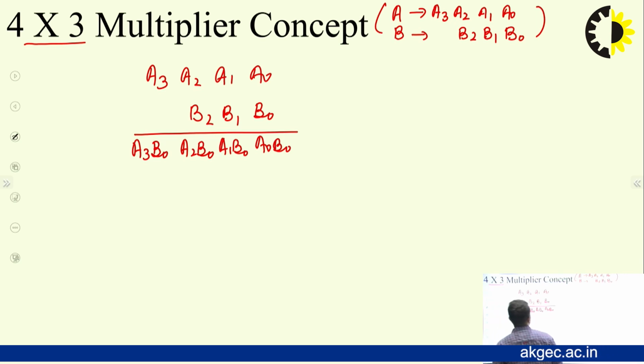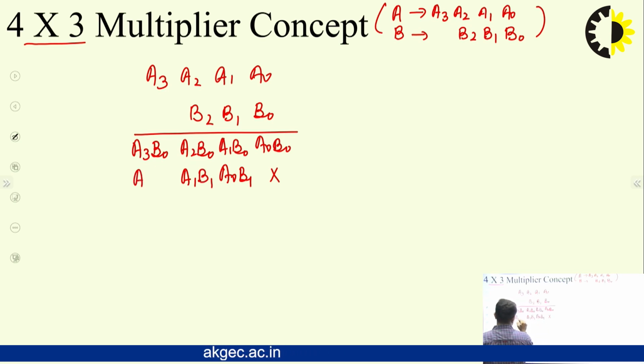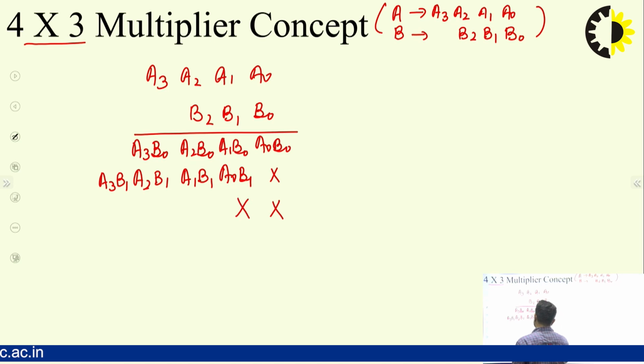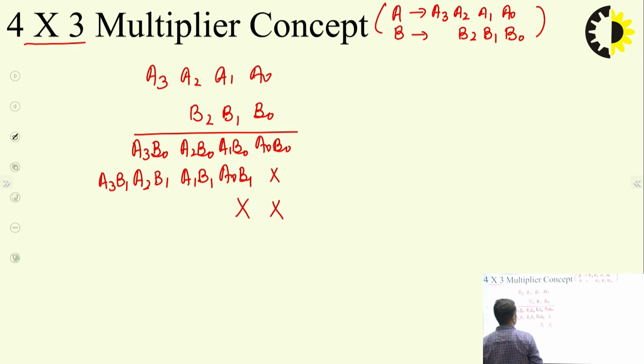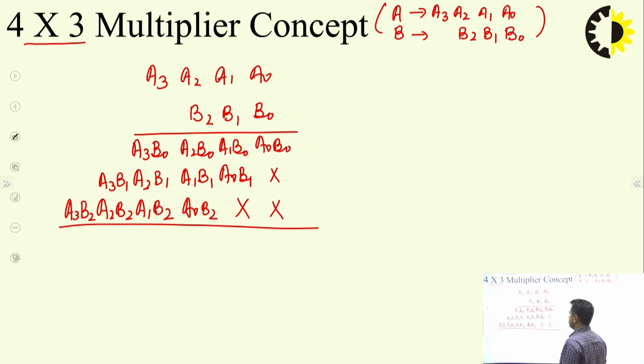So this is the first row. Then we put a cross here, preparing the second row: A0 B1, A1 B1, A2 B1, A3 B1. Putting two crosses and preparing the last, third row: A0 B2, A1 B2, A2 B2, A3 B2. Then we need to add them.